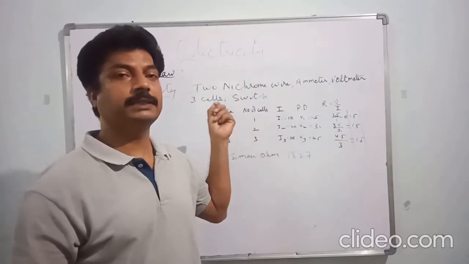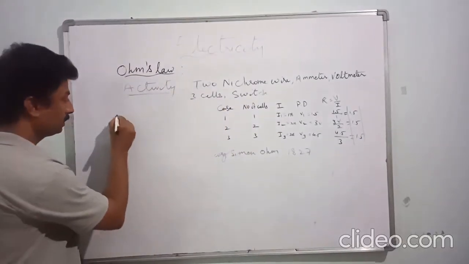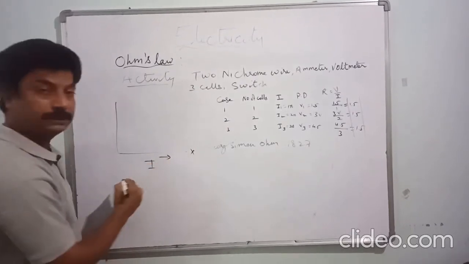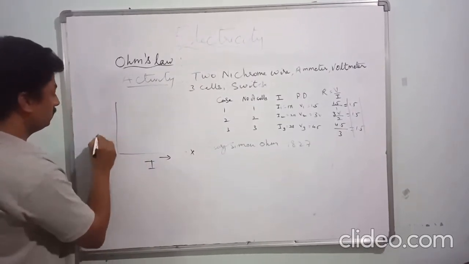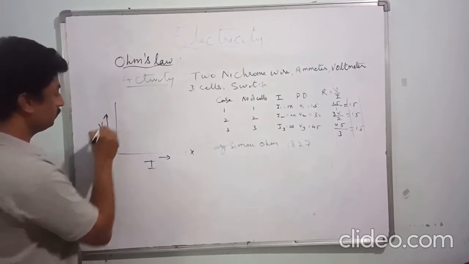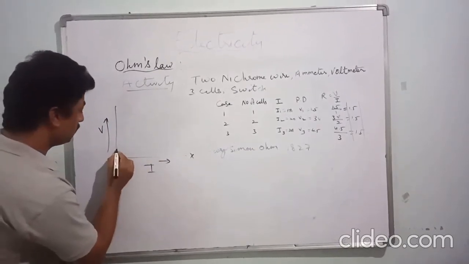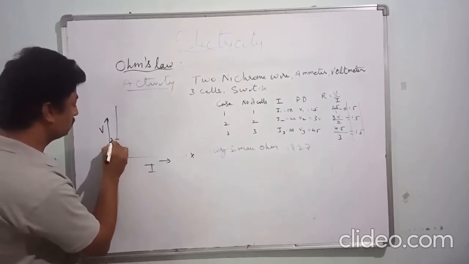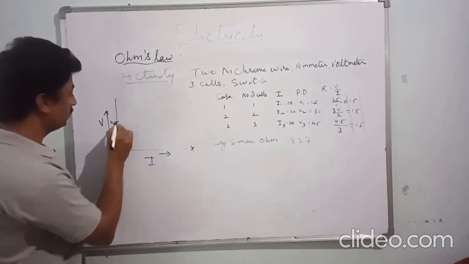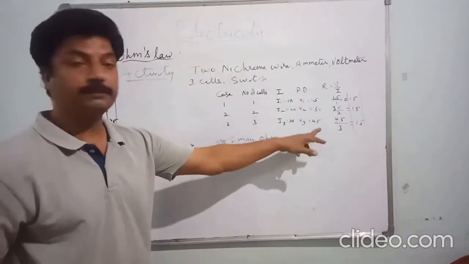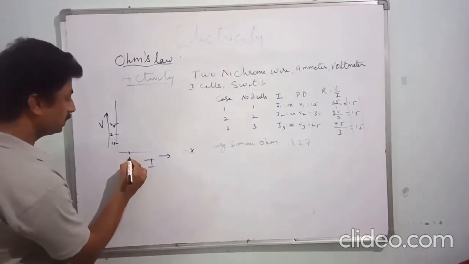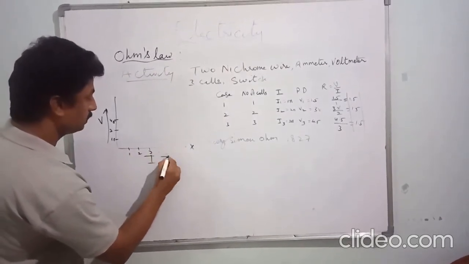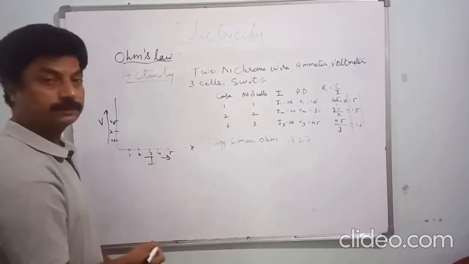Let us understand with the graph also. We are taking current on the x-axis, and on the y-axis we are taking the voltage. In the x-axis we take 1, 2, 3, 4 and 5, and for voltage we take 1.5, 3, 4.5.